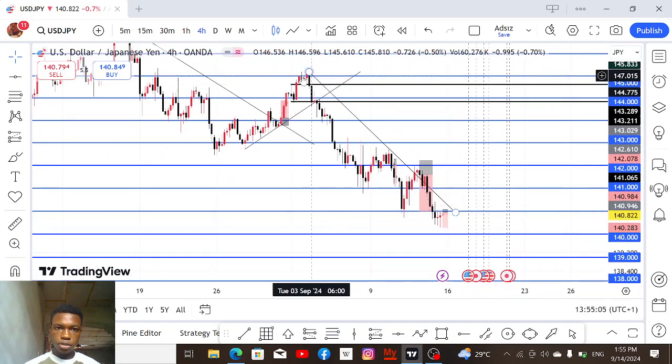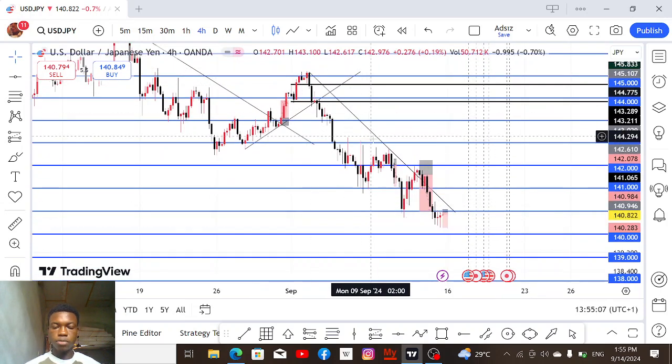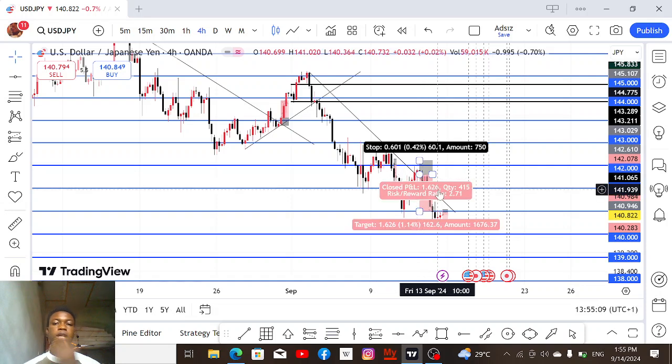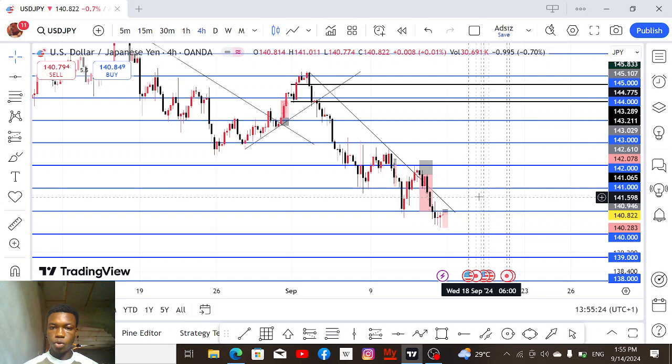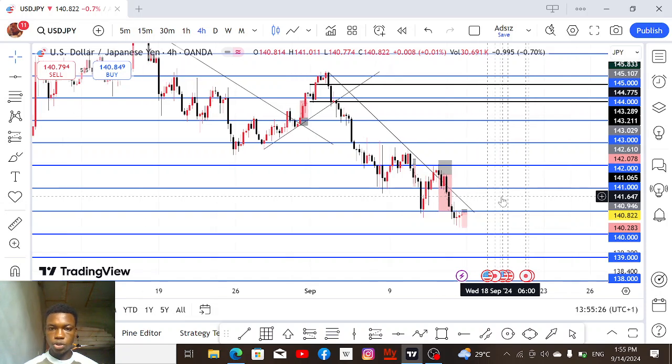If you look at this trend, you will see that this is a downtrend. Whenever we are in a downtrend, what should come to our mind? Sell. You should always look for opportunities to sell. Don't try to buy the market when the market is on a downtrend. Hope you get that.